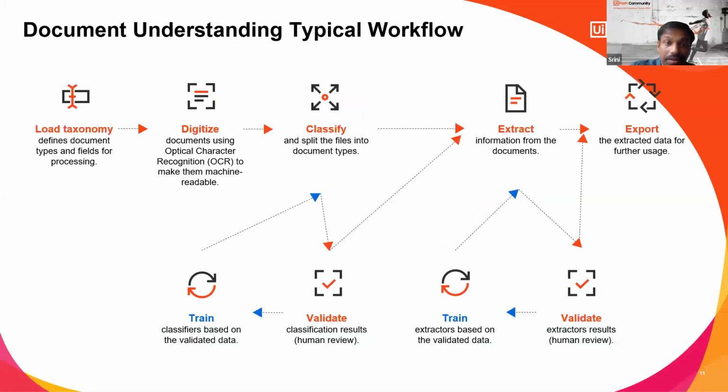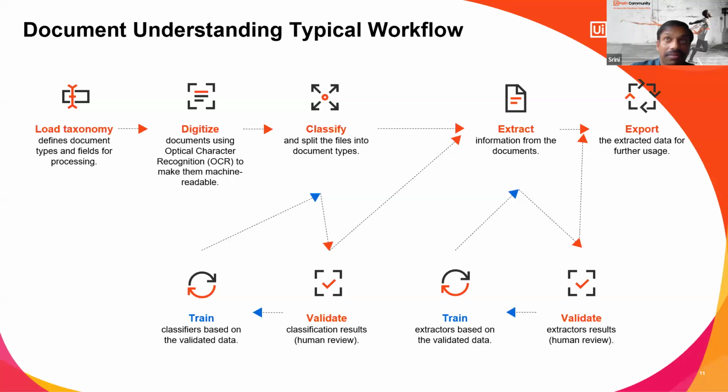So the steps are actually the overall workflow. How it goes is that we load the taxonomy, where we define document types and fields for processing. What fields? Because one document can contain multiple fields.